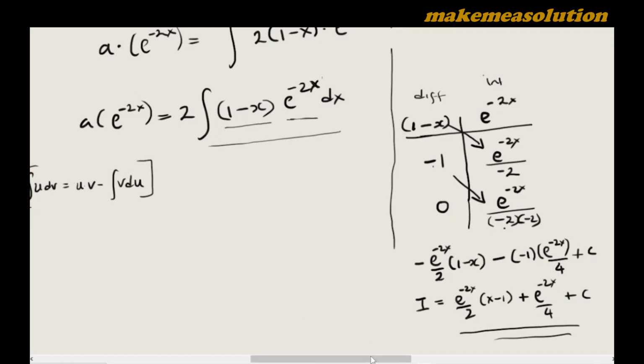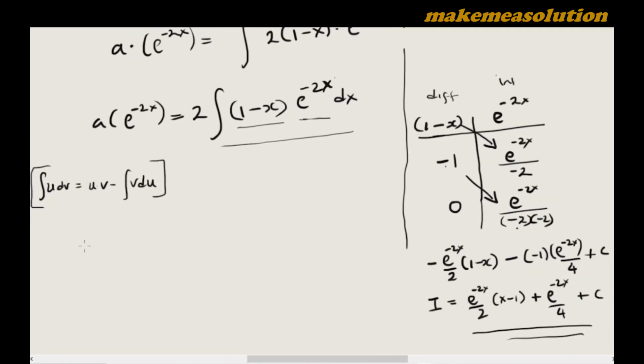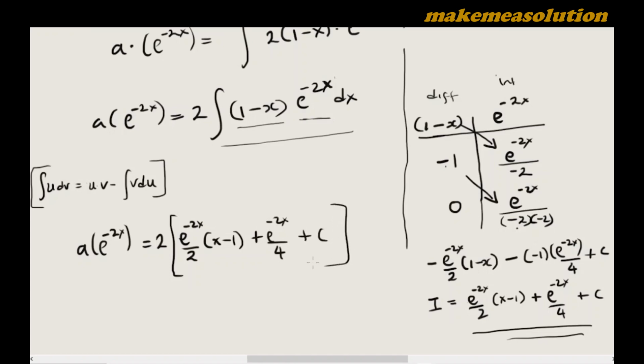So that's what we're going to write in this place. Writing it in this place, I'm now going to get a exponential minus 2x is actually equal to 2 open brackets exponential minus 2x over 2 into x minus 1, then plus exponential minus 2x over 4 and plus c. Is that okay?